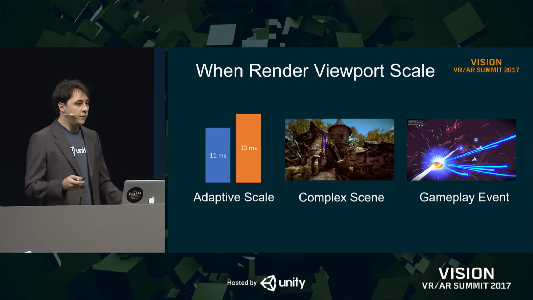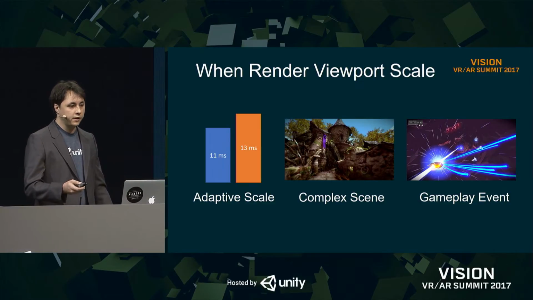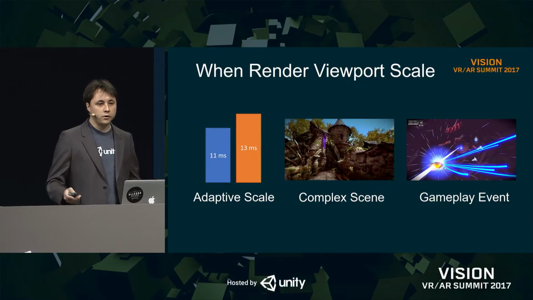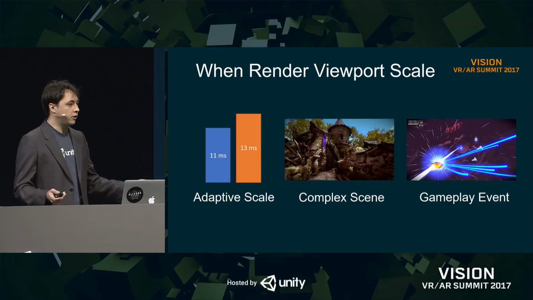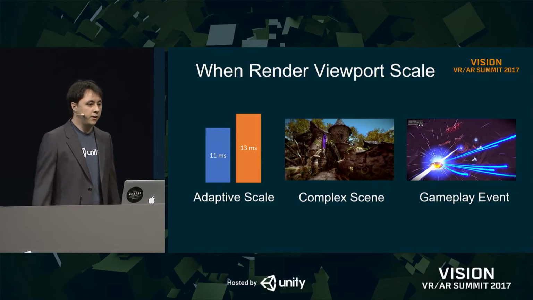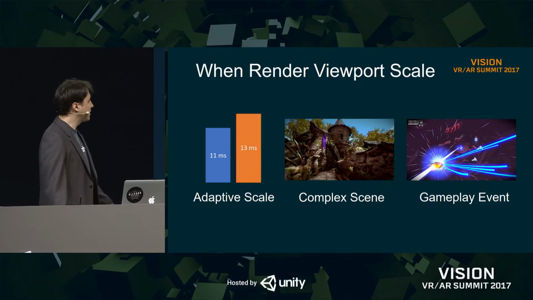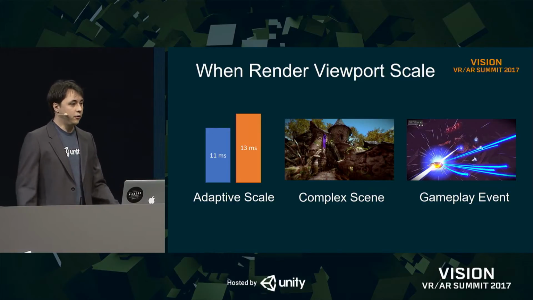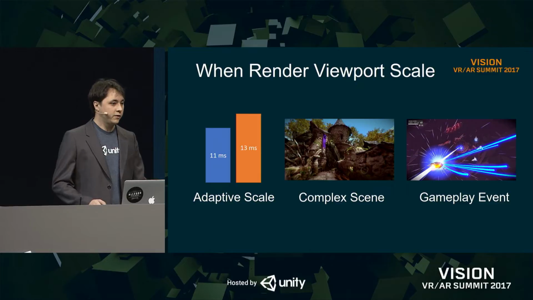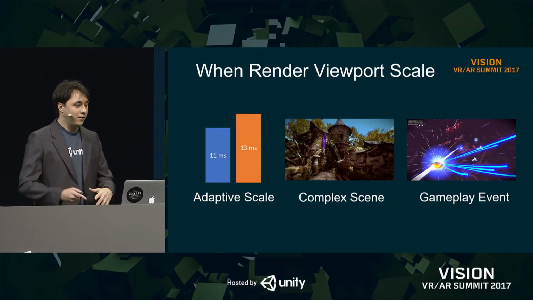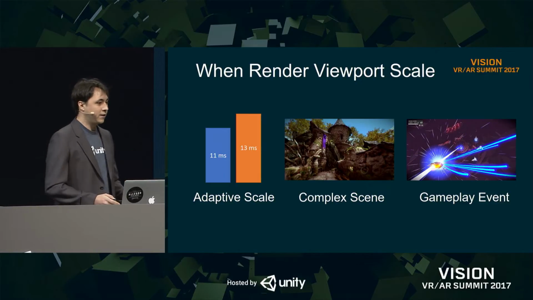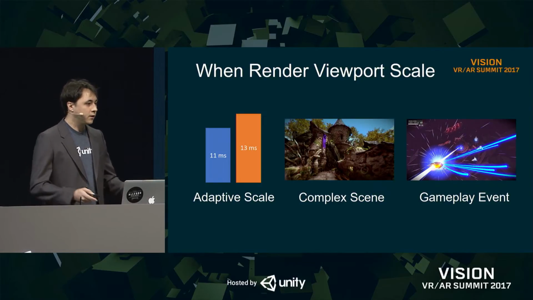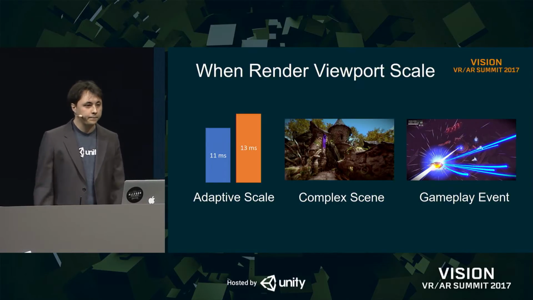You could just preemptively reduce the render viewport scale and make your player have a smooth experience altogether. He's not even going to notice that 1 frame hiccup that you had. Or gameplay events. Again, you know there's a big explosion coming, and you know there are going to be a lot of particles filling your screen and causing massive amounts of overdraw. So maybe it's a good idea to, for the duration of the explosion, reduce the render viewport scale.